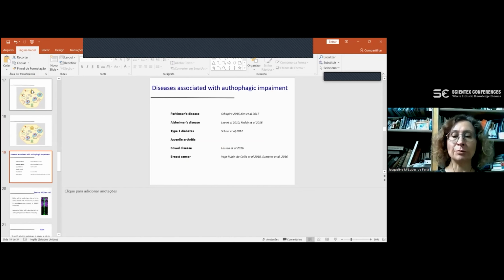Autophagy is not only present in diabetes, which is not very well known, but is present in many other diseases: neurodegenerative diseases like Parkinson and Alzheimer, also type 1 diabetes and juvenile arthritis, inflammatory diseases like bowel disease, and also in cancer.